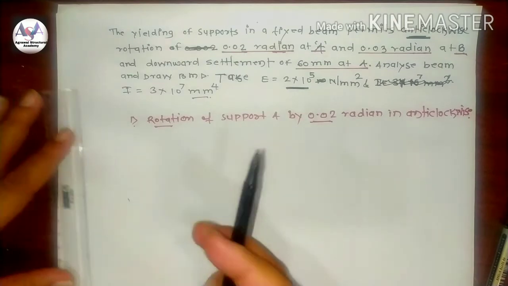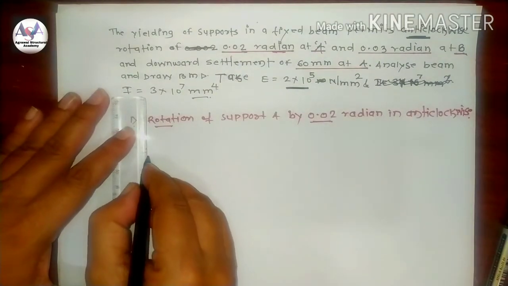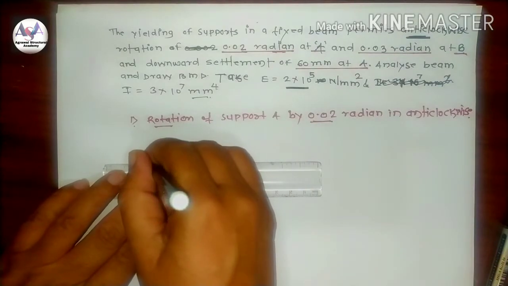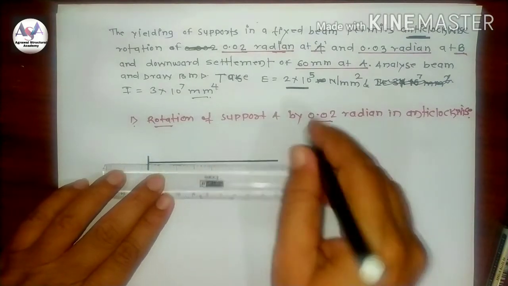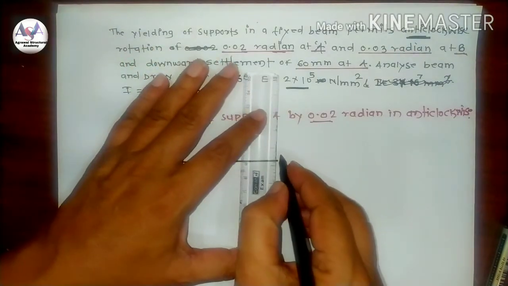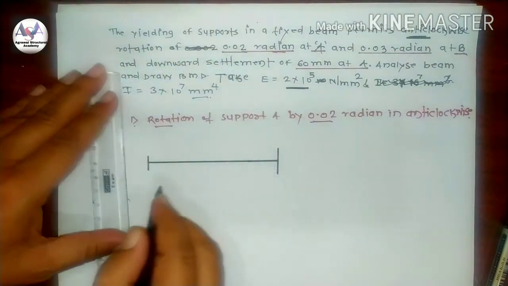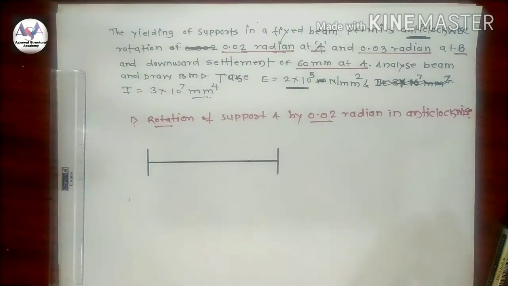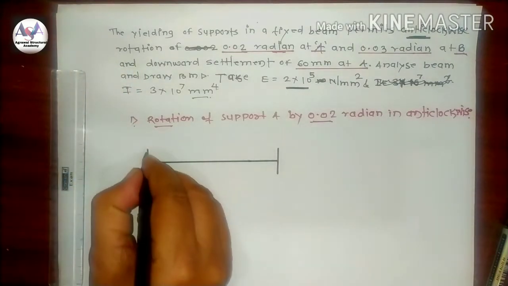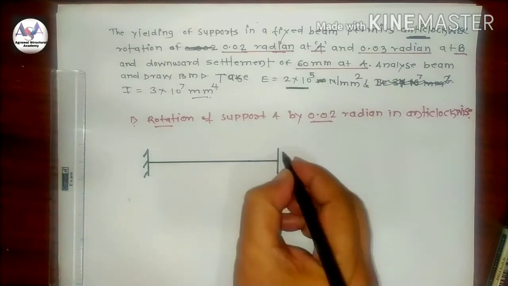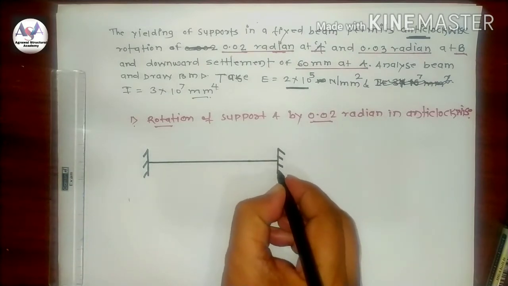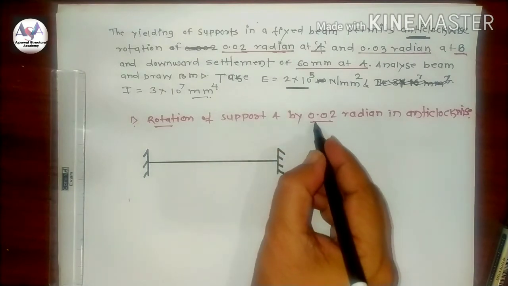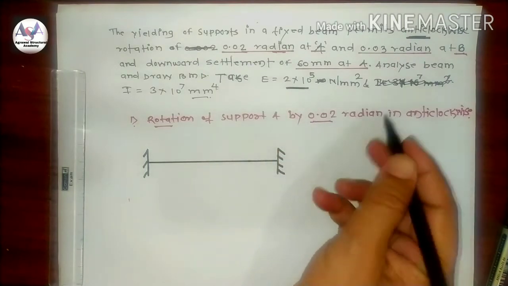So now suppose this is a fixed beam. The first condition is rotation of support A by 0.02 radian in the anti-clockwise direction.